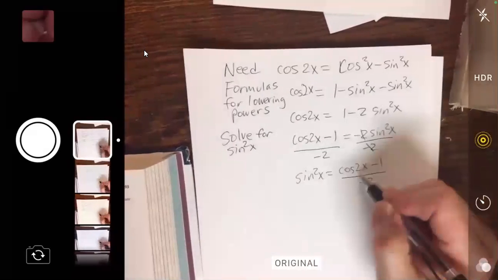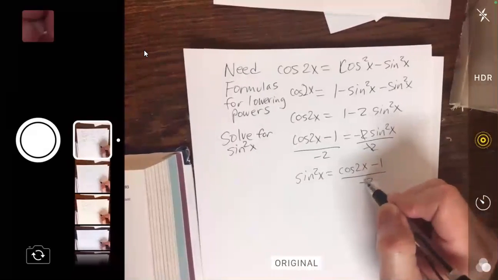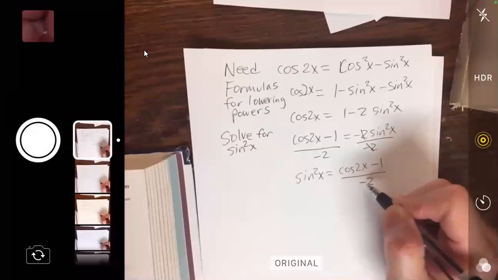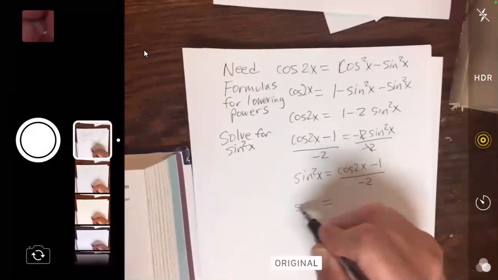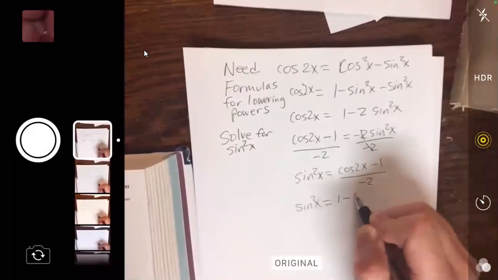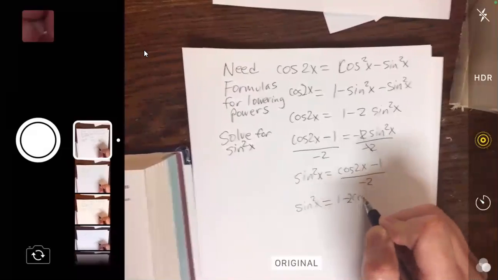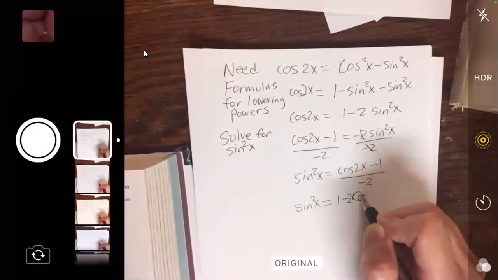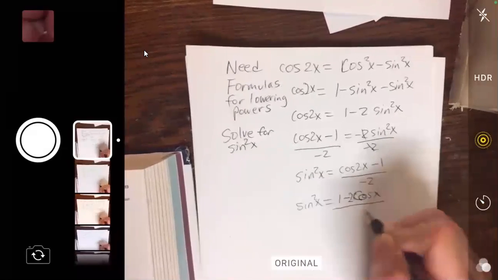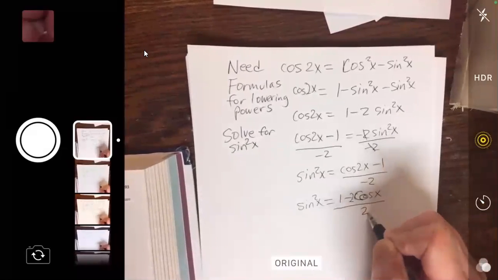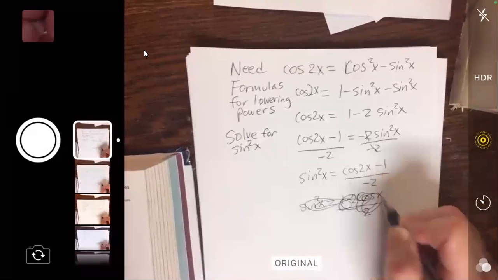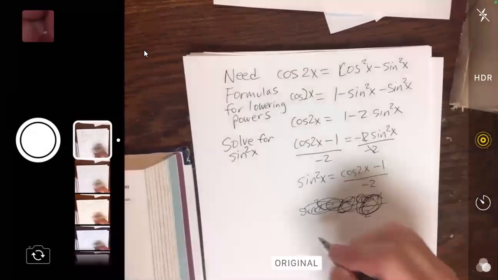And then they like to work it out, get rid of this negative, so you can switch the order here. Totally butchering this. One more time.